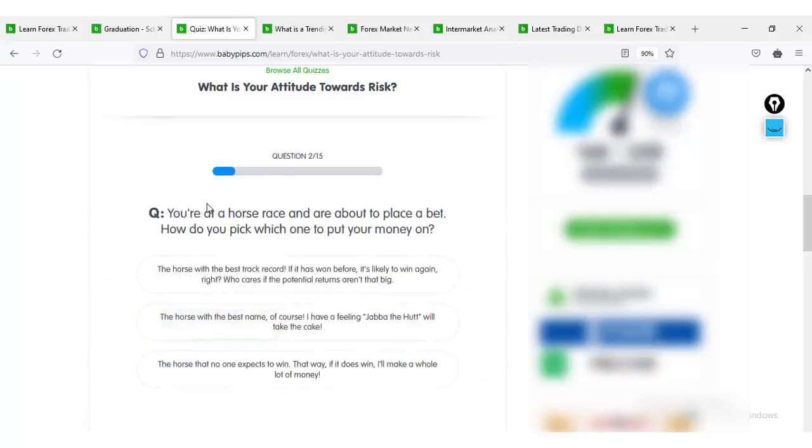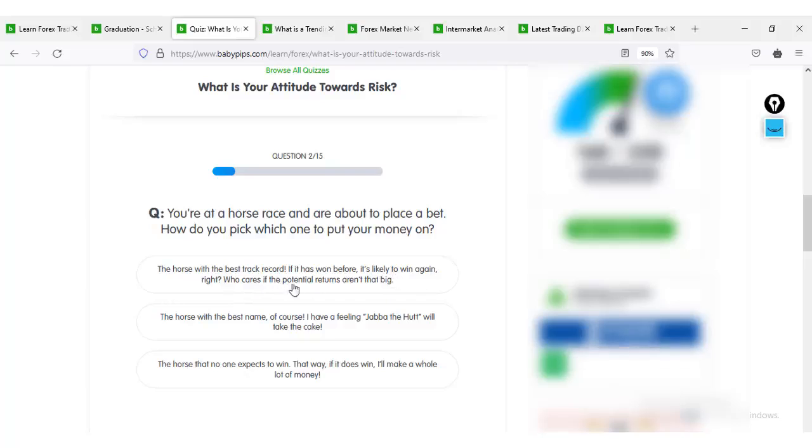Exactly. Then the next question says, you are at a horse race and are about to place a bet. How do you pick which one to put your money on? The horse with the best track record. If it has won before, it is likely to win again, right?